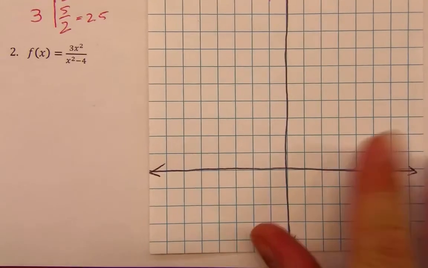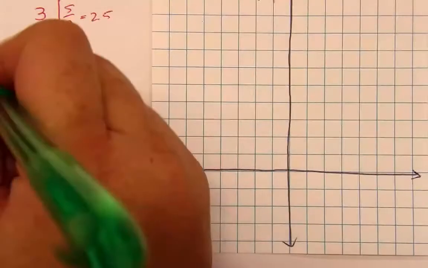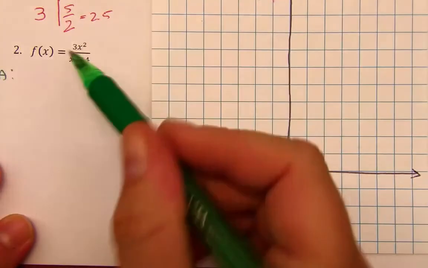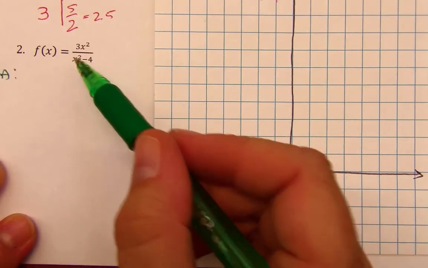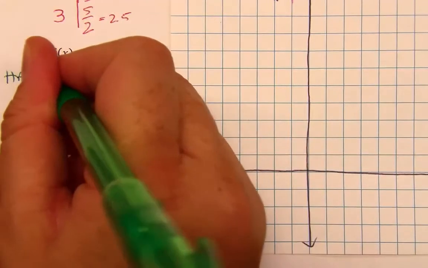Okay. So looking at what I have here, since the degree is the same on the top and bottom, I have a horizontal asymptote of 3/1, or 3.